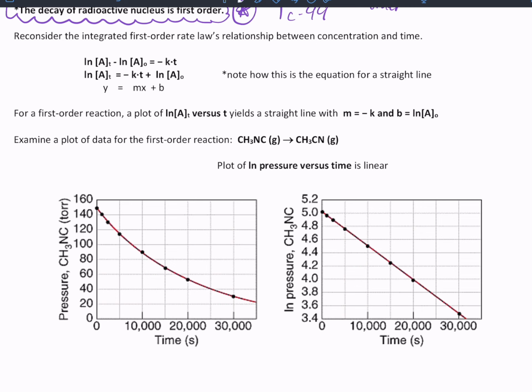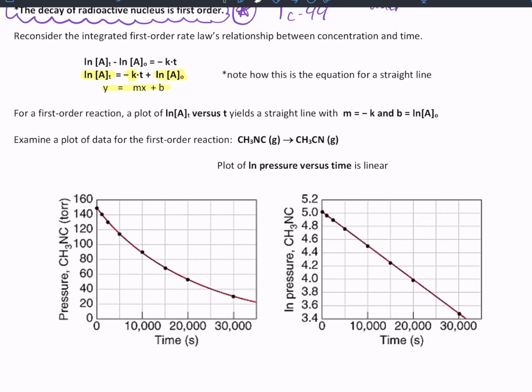When we look at this, we want to look at this rate law as the relationship between concentration and time. What we can do with this is reorder our first order integrated rate law into slope-intercept form. We're going to have y equals mx plus b, where y is going to be the natural log of concentration, the slope of our line is going to be our rate constant, and then our y-intercept is going to be that initial concentration.